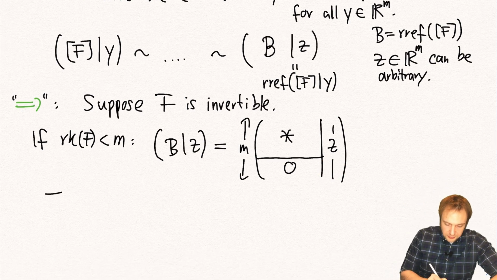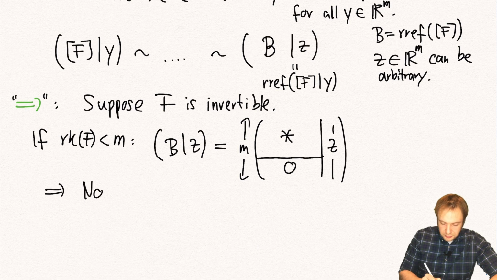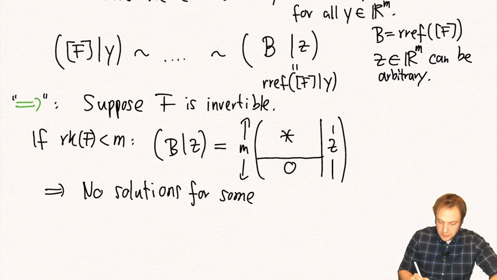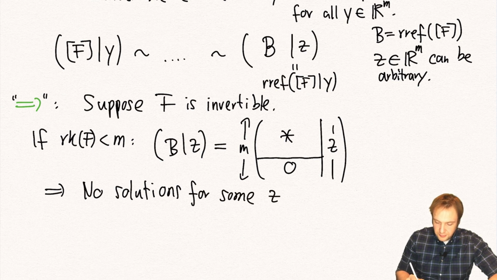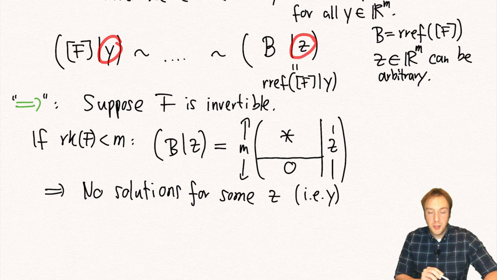So this would mean no solutions for some z's. So in other words, for some y's, because this z depends on this y here.